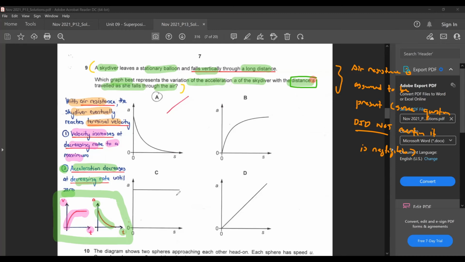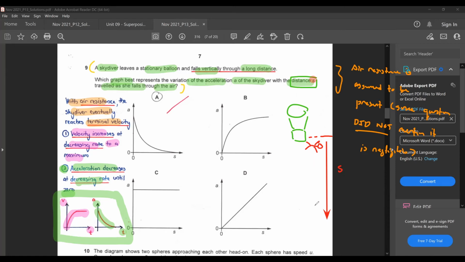You can just use common sense. What they're telling you is that this one is your skydiver, this one is your balloon, and this one is your skydiver. This one is how your distance s is measured.